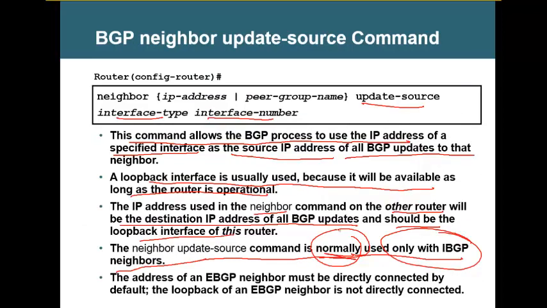Why is it not used in EBGP? In EBGP, the neighbors must be directly connected. Loopback is not directly connected. For EBGP, we learned in the beginning, the first day, the neighbor must be directly connected. When you are forming a neighbor using loopback, the neighbors are not directly connected now.